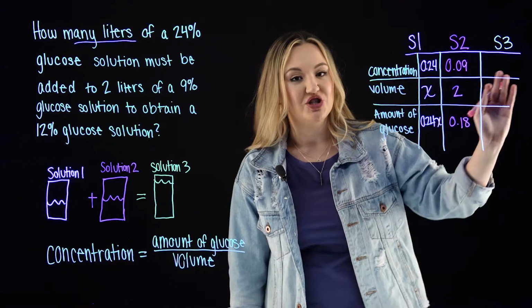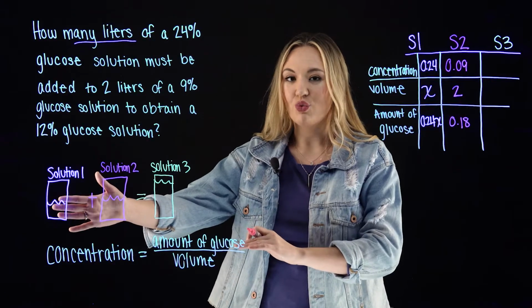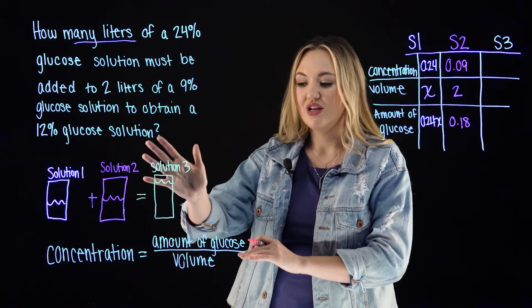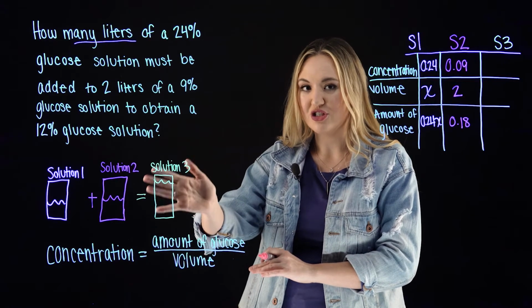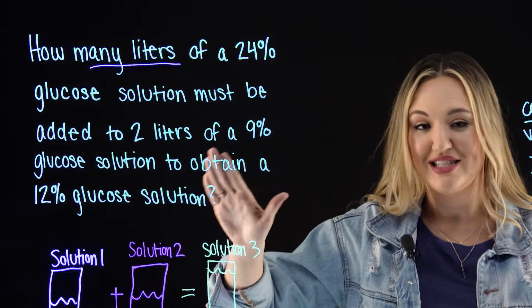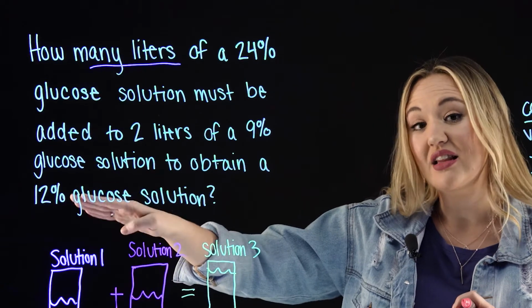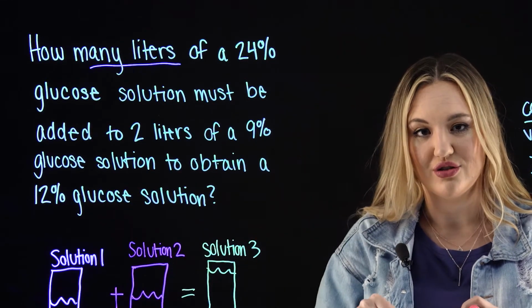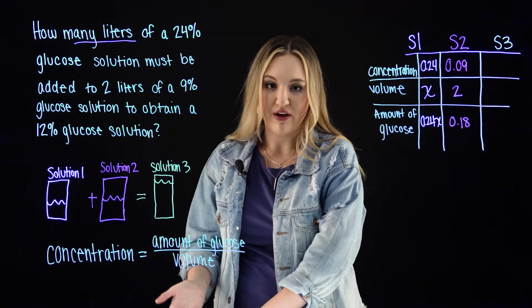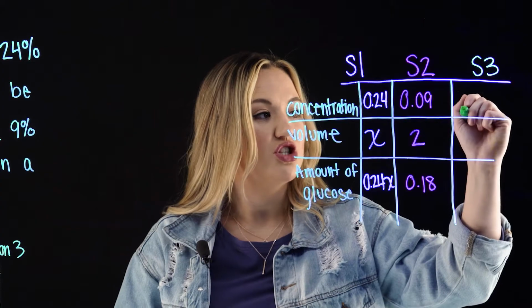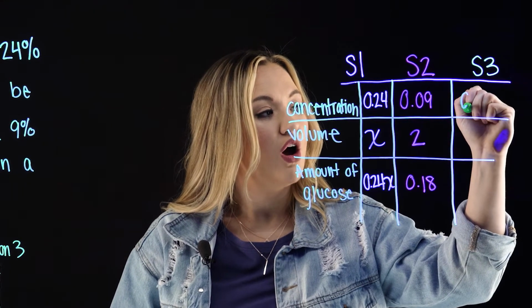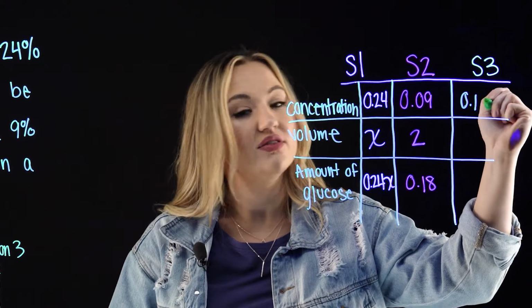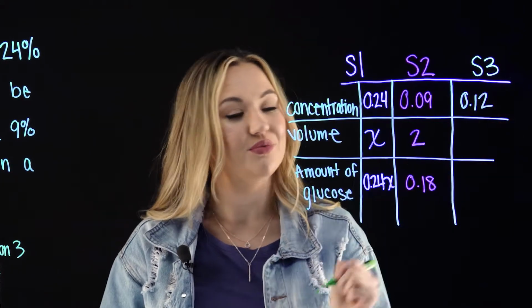Okay, now our mixture. We remember that solution 1 plus solution 2 is equal to our mixture, solution 3. In our stem, it gives that the mixture is a 12% glucose solution, and 12% as a decimal is just 0.12. So our concentration of solution 3 is 0.12.